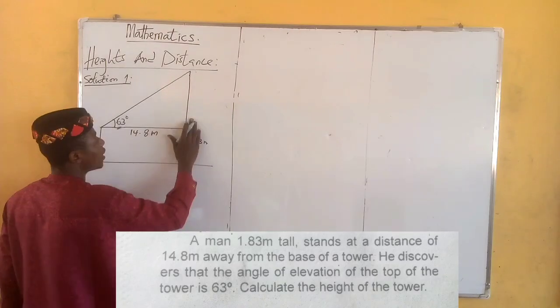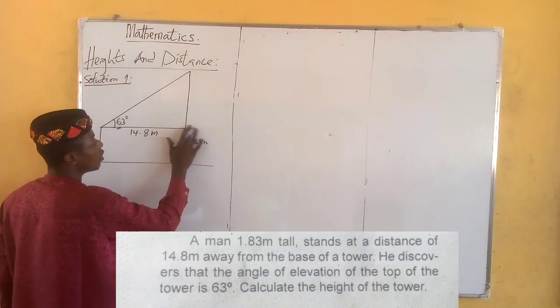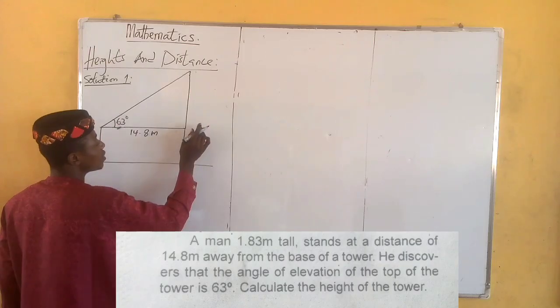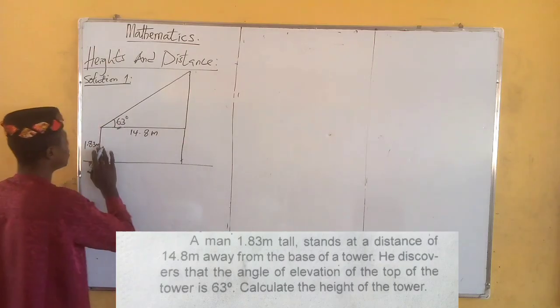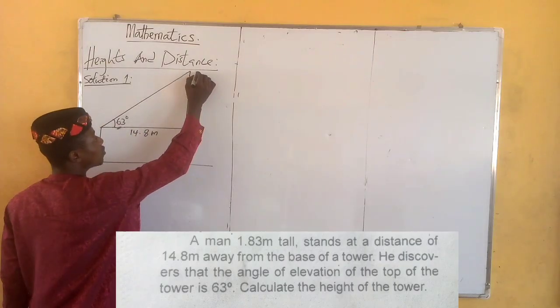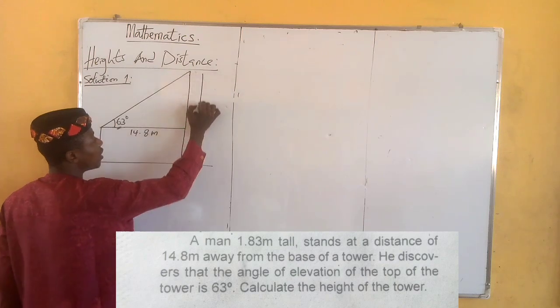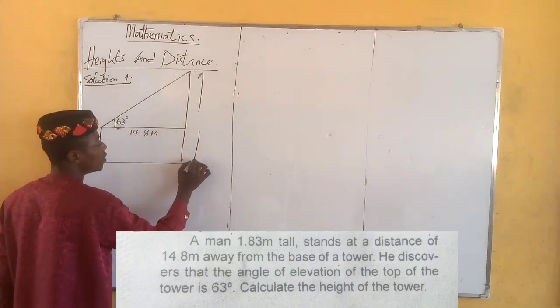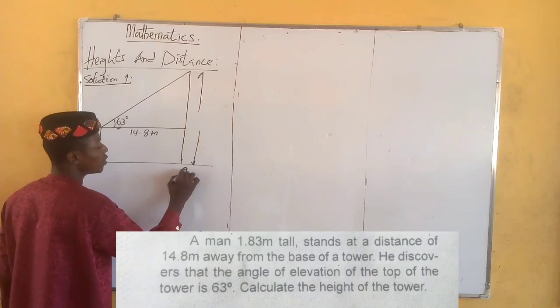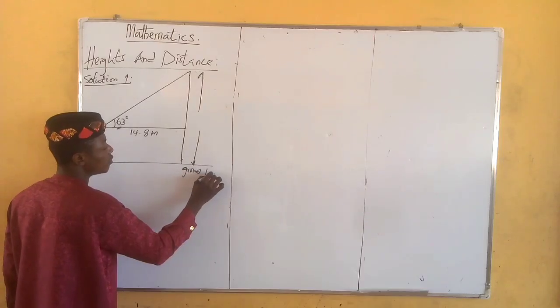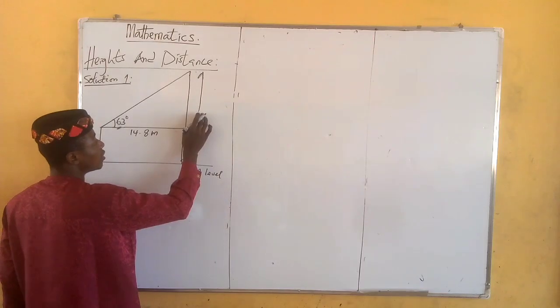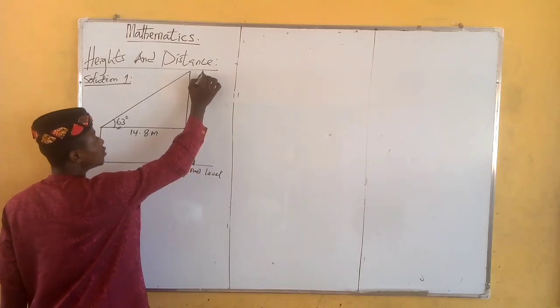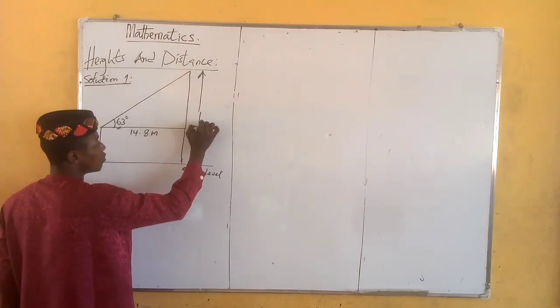So this is the height we are asked to find. If the man is standing like this, from the ground level up to the top is the height of the tower.